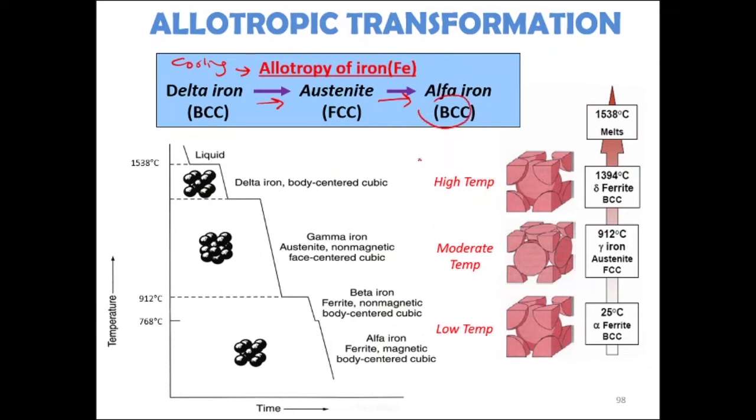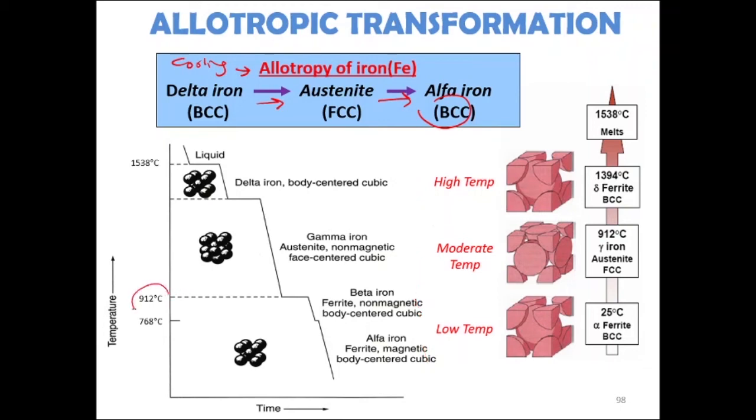If we start from top until bottom, it is the cooling process. When we start at low temperature until top, it is the heating process. But the allotropy change for iron is still the same.